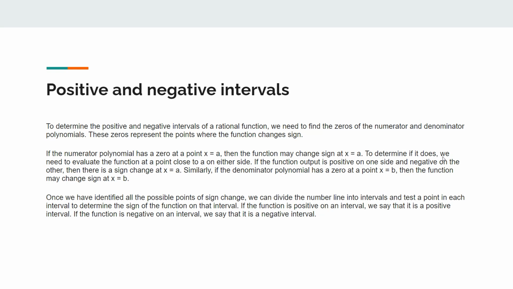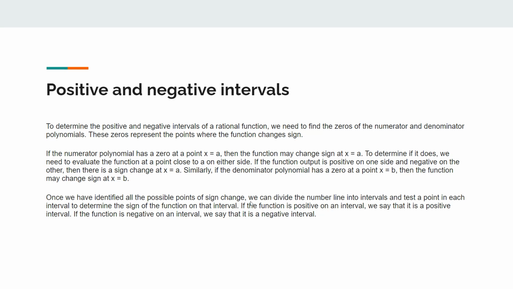To determine if it does, we need to evaluate the function at a point very close to a on either side. If the function output is positive on one side and negative on the other, then there is a sign change at x equals a. Likewise, if the denominator polynomial has a 0 at point x equals b, then the sign may change at x equals b, so you have to find that out.